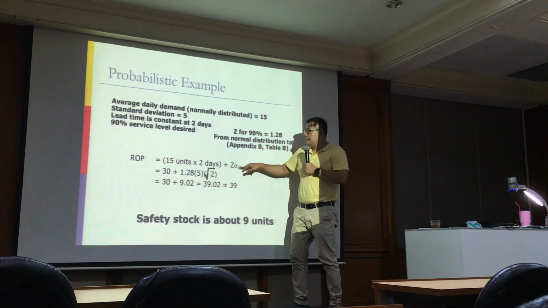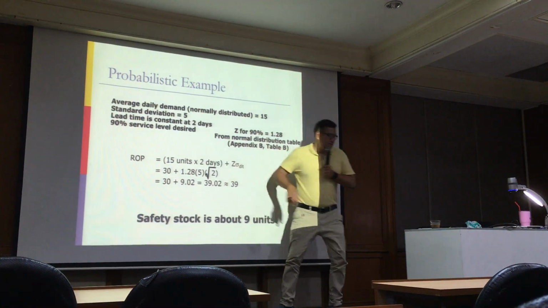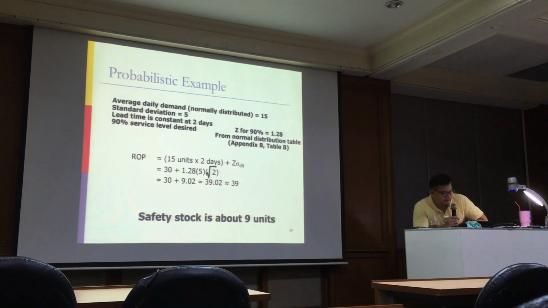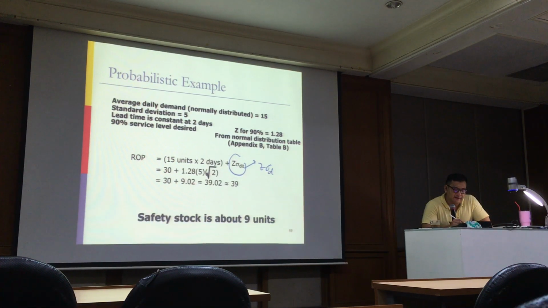But don't forget that the standard deviation of demand during lead time is the standard deviation of demand multiplied by the square root of lead time. So you have Z as 1.28, the standard deviation of demand as 5, and the square root of 2. That's why you have this term.